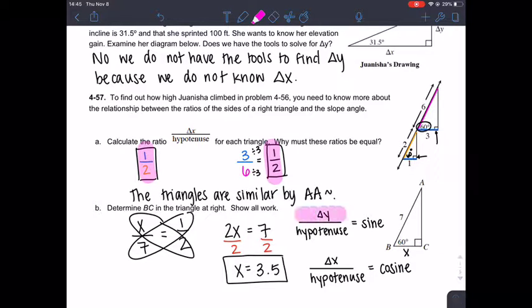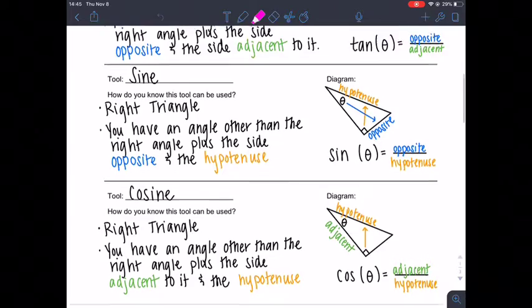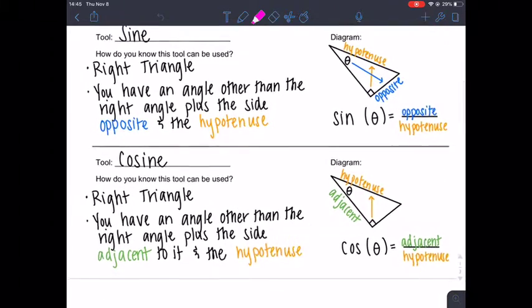So just like our tangent was our change in y over change in x, these ratios have special names as well. Okay, so what you're going to do now is we're going to go back to our graphic organizer, and you are going to take a moment and you are going to write down the ratios here.